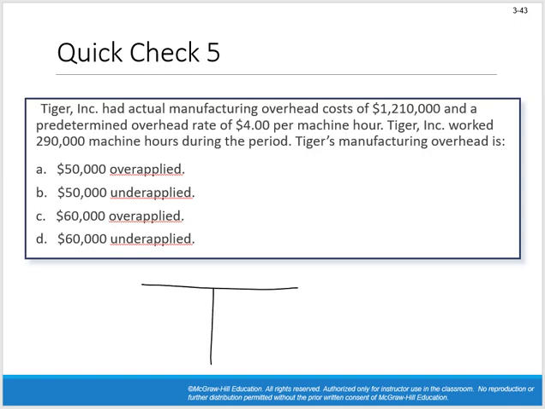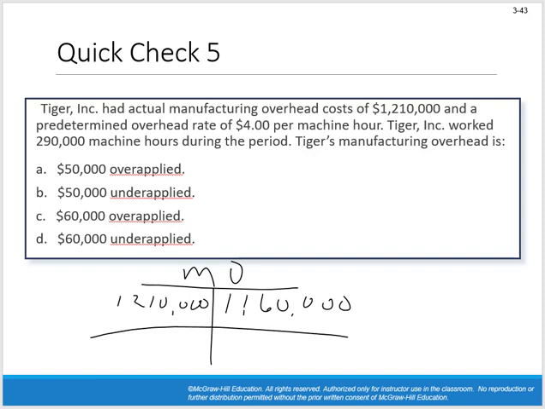So if this is MO, we have 1,210,000 on the debit side of actual MO, and then we're going to be applying 1,160,000. So our ending balance is going to be 50,000. Ooh, that's ugly.